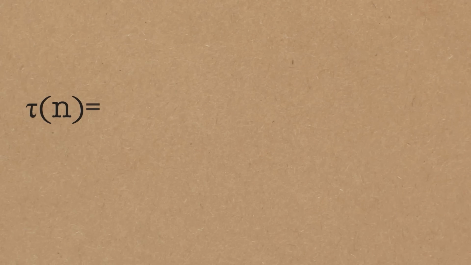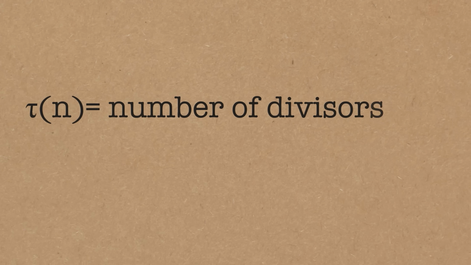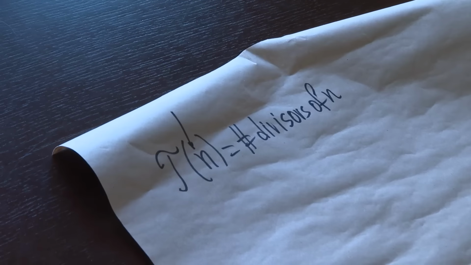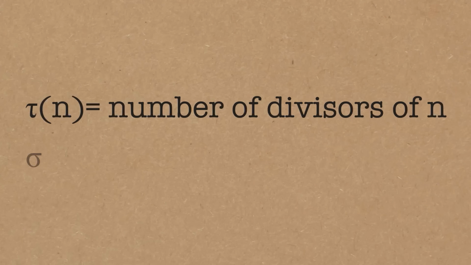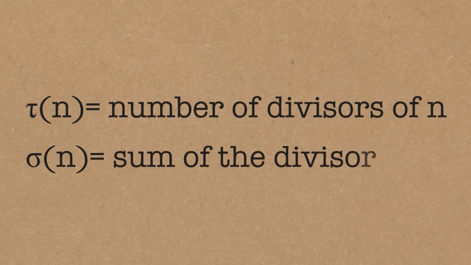Tau. Tau of n will simply be the number of divisors of n. That's an arithmetic function because all I'm plugging into it are just natural numbers and spitting out the number of divisors of n. Sigma of n. How about the sum of divisors of n?